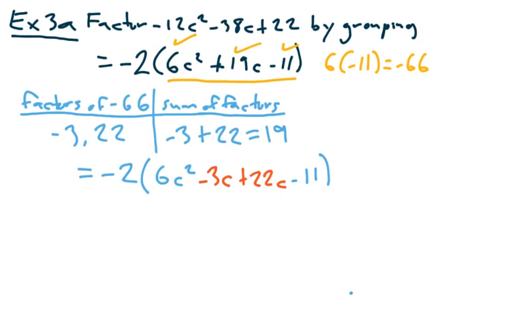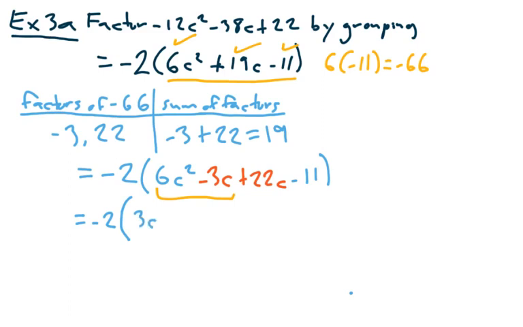Factor by grouping. So if we group these 2, I see that there's a common factor of a 3 and a c. Now, the parentheses are going to get a little ugly here for a minute. I'm going to make these just a little bit bigger so it's clear that we're going to have parentheses inside parentheses.